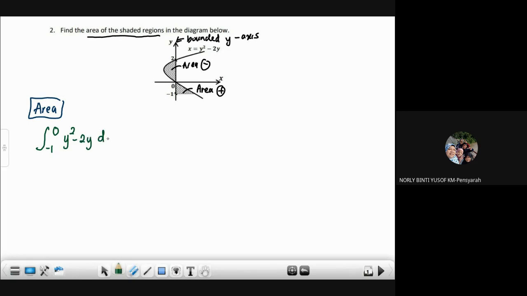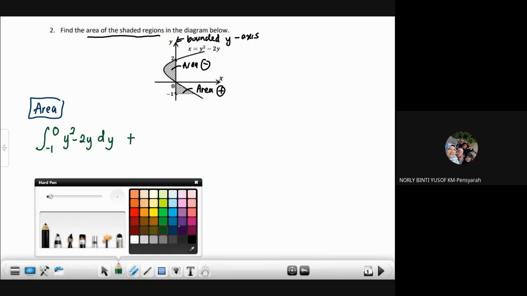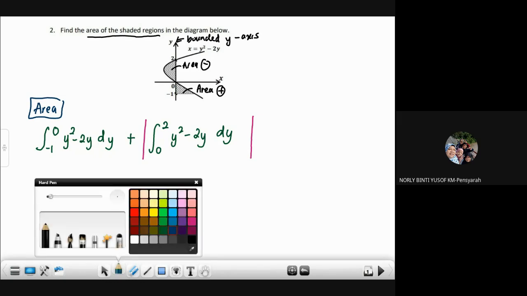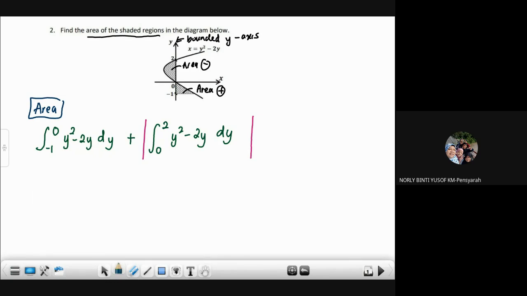So y squared minus 2y dy respect to y, and then plus, sebabkan 0 tu kat belah kanan, bounded to y, kena ada modulus. Because the area is negative. So 0 to 2, the upper and lower limit, the function is the same, dy. Okay, and integrate.